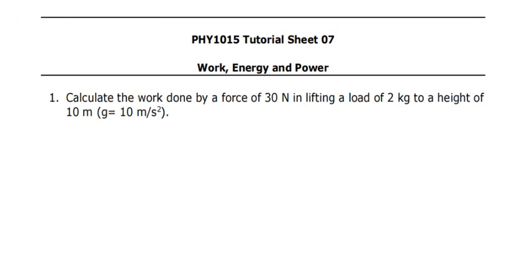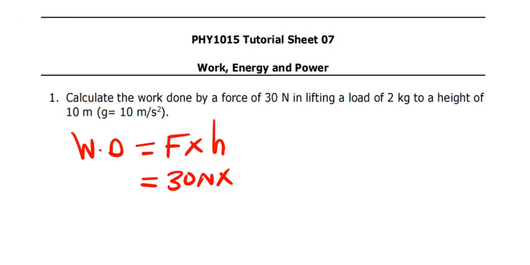So for us to find the work done, let's first find that work done is equal to force multiplied by the distance. In this case, the distance will be the what? The height. So the force we've been given is 30 Newton, multiplied by the height we've been given, 10 meters.